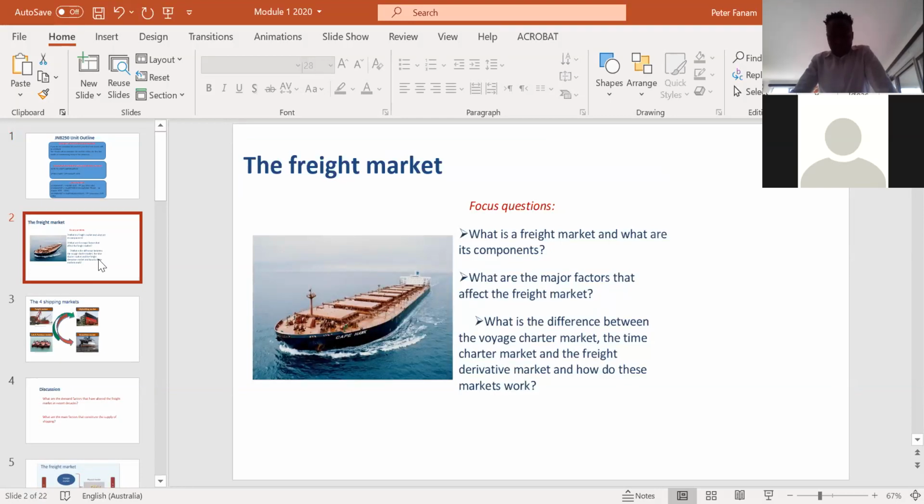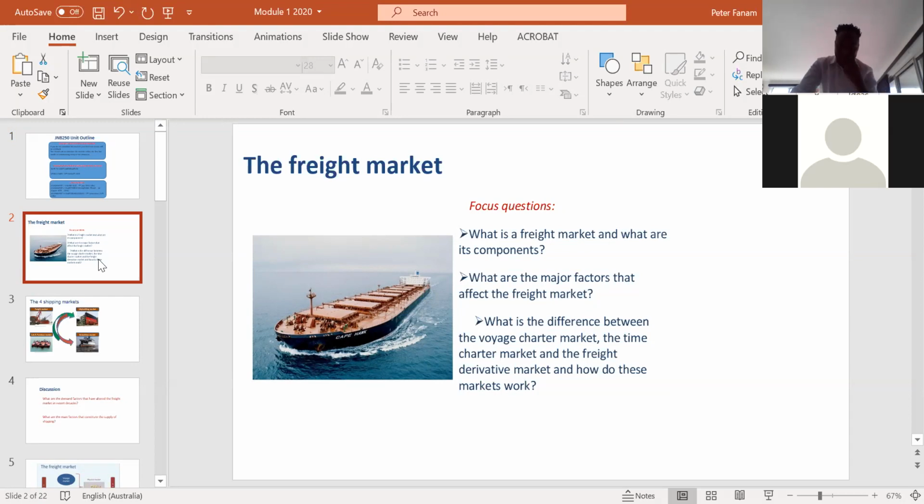The contractual relationship between the ship owner and the shipper. Yeah, that's correct. Yeah, that's true. Any other person? How ships are used, bought, and sold. Yeah, that's true.